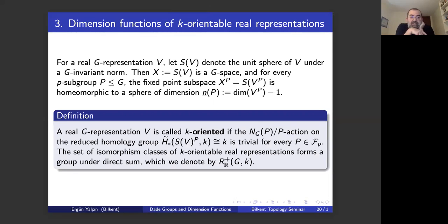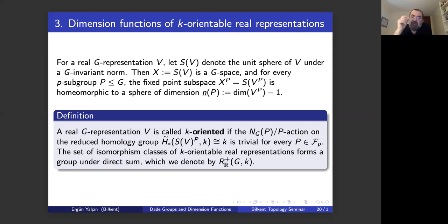In the finite group case, we take G representations. These are real representations, so that when you take the P fixed points, the NGP over P action on it is trivial. So the P fixed points have homology K because of the Smith theory. The fixed point has to have homology K. Actually, this is a representation sphere, so it's actually a sphere, so homology should be K. But the K may have a non-trivial action of the normalizer group.